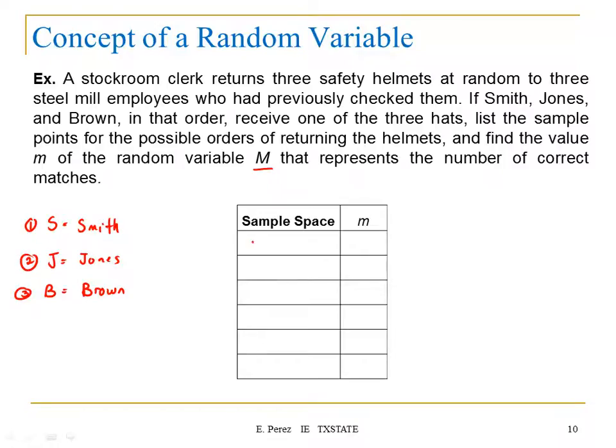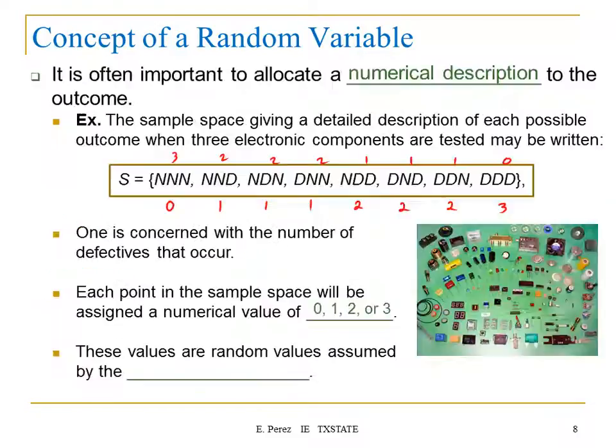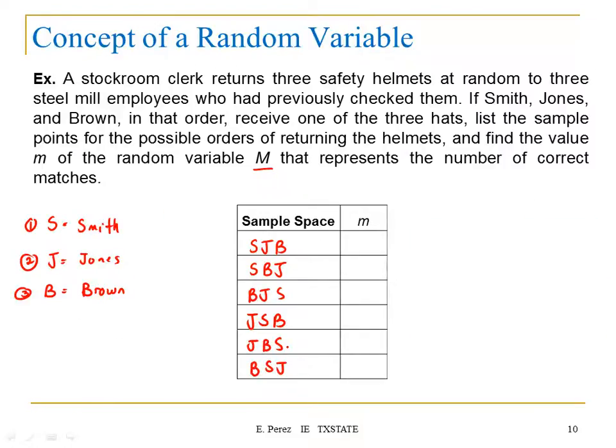So you can put S, J, then another combination could be this one, another one, another one, and the last one. Okay, so those are all the possible combinations for this sample space.